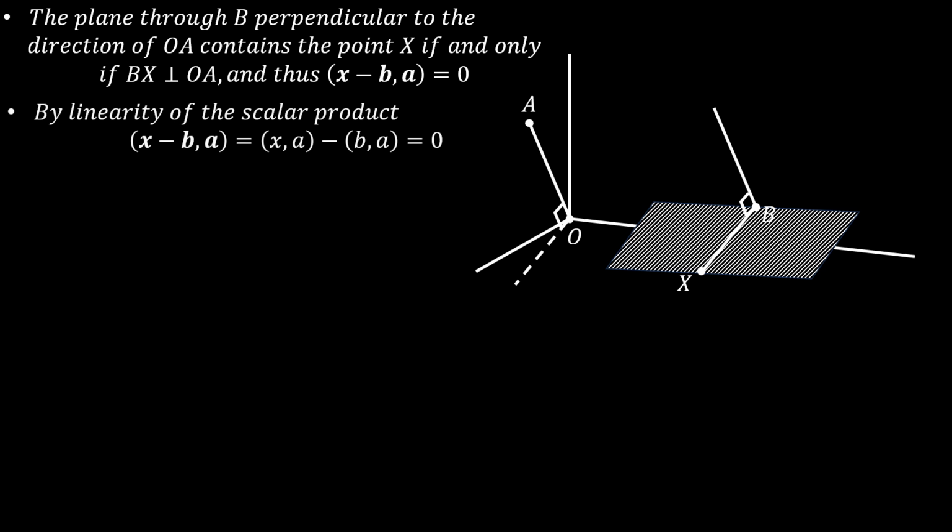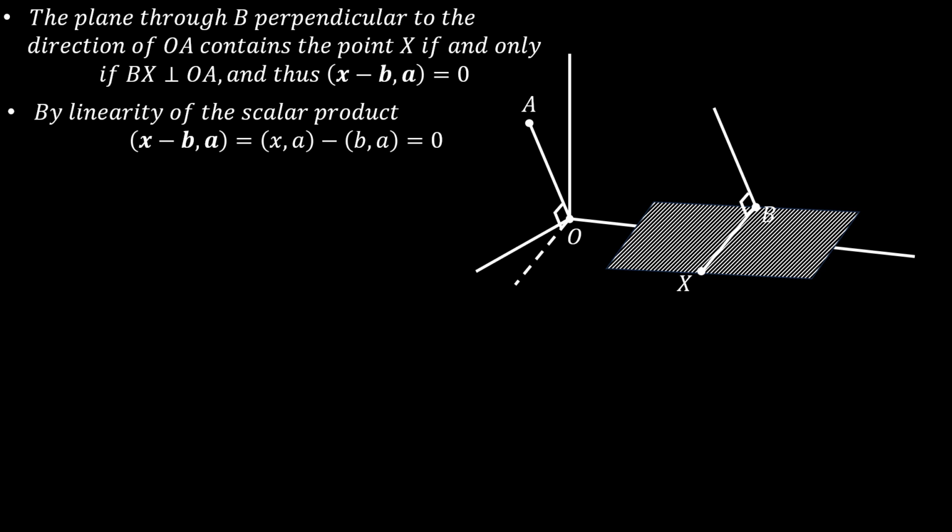So using the linearity of scalar products, the vector x minus b multiplied with a, so that we get the scalar product, is the same as the scalar product of x and a minus the scalar product of b and a.